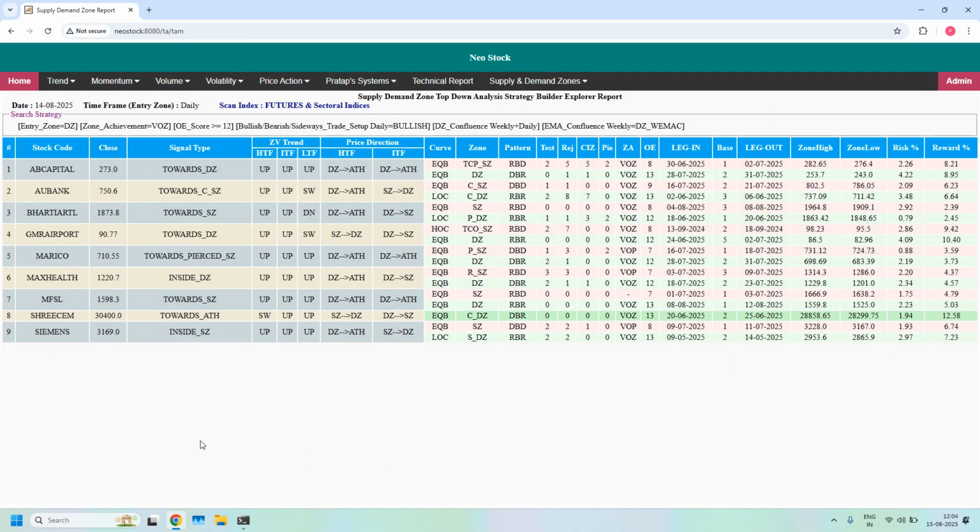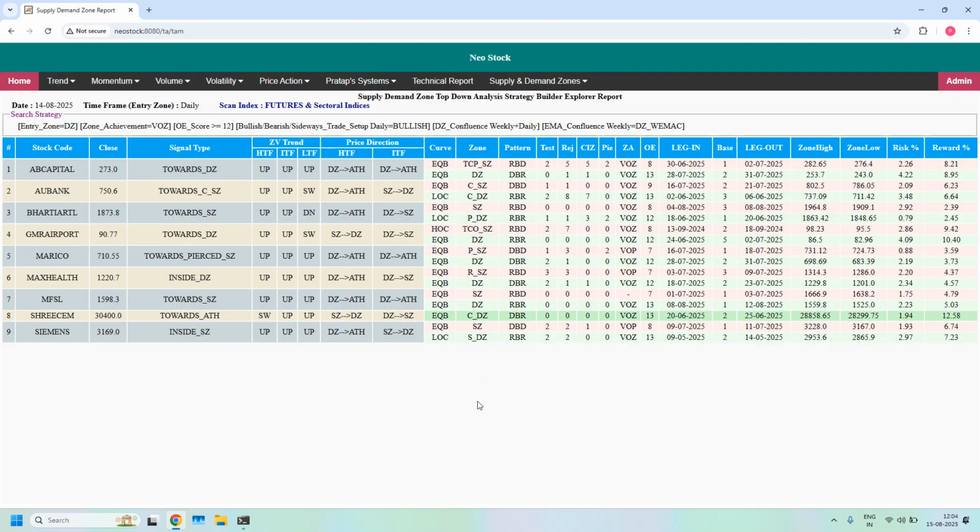Let's filter. Now the list has come down to 9 stocks. In these 9 stocks, all these daily demand zones have a bullish trade setup for monthly income trade with a higher probability of success.